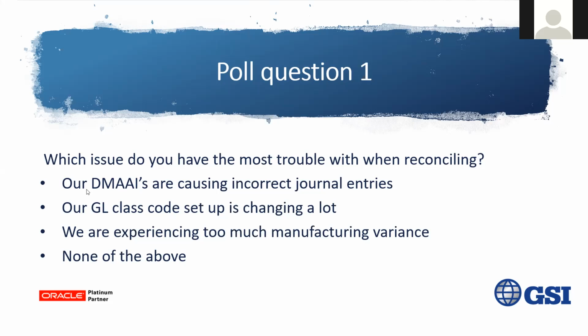Do you think it's the DMAIs, the geo class codes, you're having too much variance in manufacturing, or everything's going just fine? So let me turn the polling on for that. And so for question one, if you guys could go ahead and select which one is the most applicable to you. We'll give it a few seconds here and see what is happening.